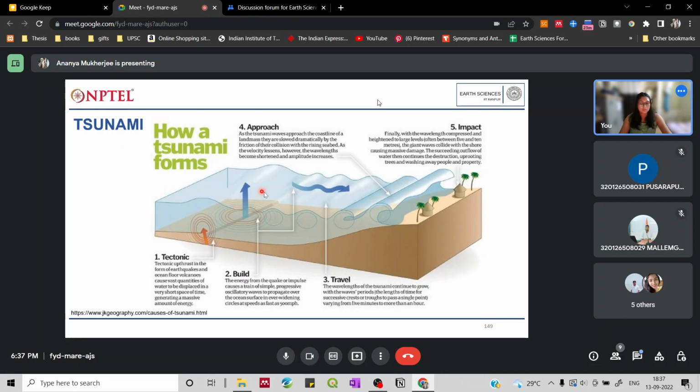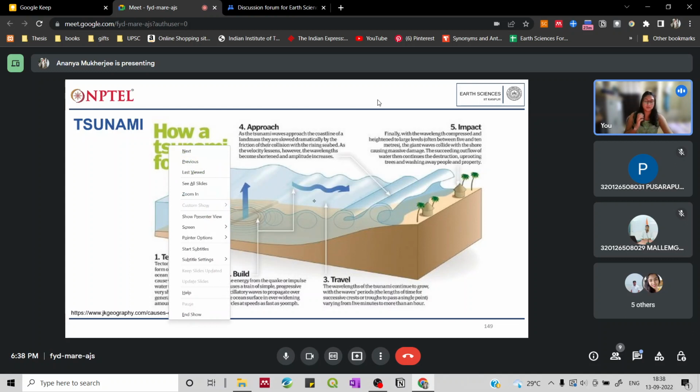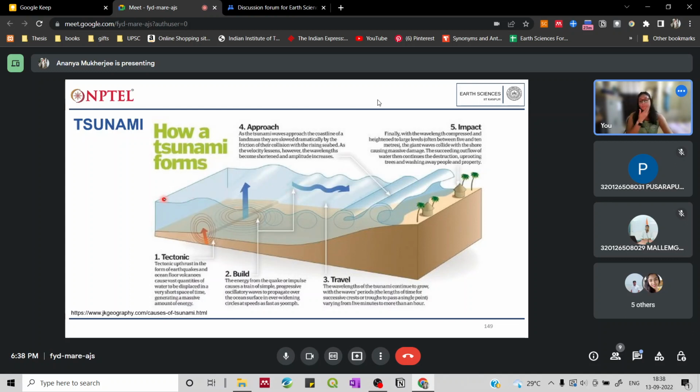Suppose this is very far away from the shore, as you will see in the examples later on. It could be very far away from the affected area, but because of the energy that it has and its characteristic of traveling, it can cause huge waves to strike the shore. Then the waves start traveling, and then you have the approach.